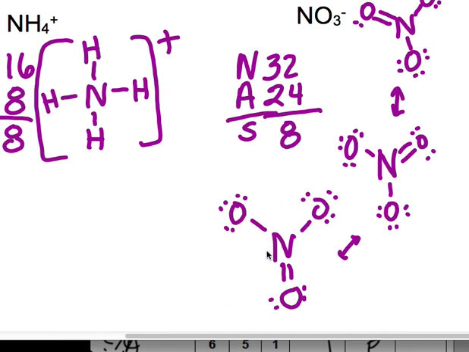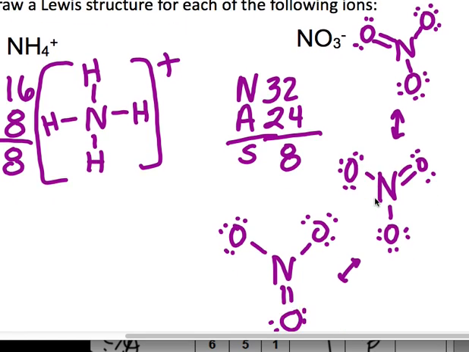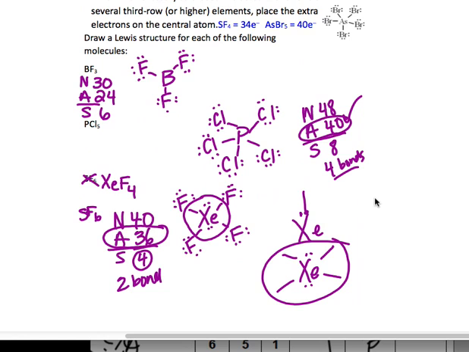All right, this is the same. Let's look at one of these nitrites. They're all the same. How many areas? 3. So what's the family? Trigonal planar. What's the geometric shape? Trigonal planar. What's the bond angle? 120. And polar or nonpolar? Nonpolar. All right, BF3 is the same as that we just did.